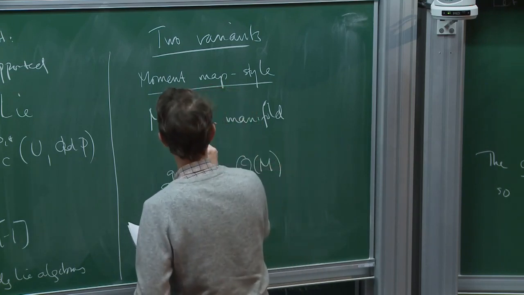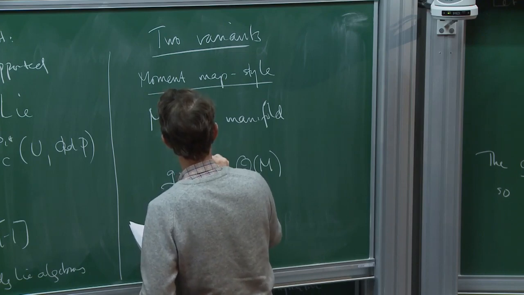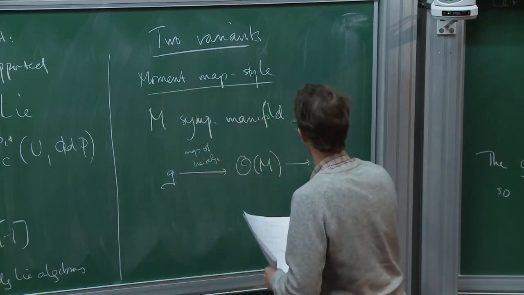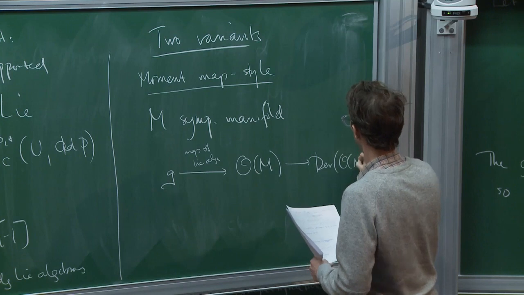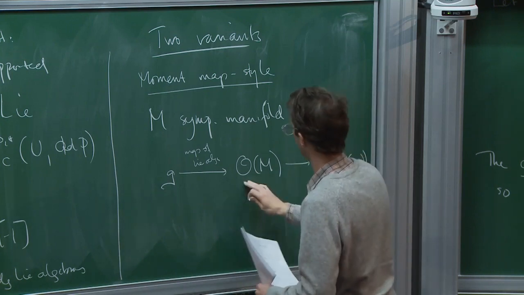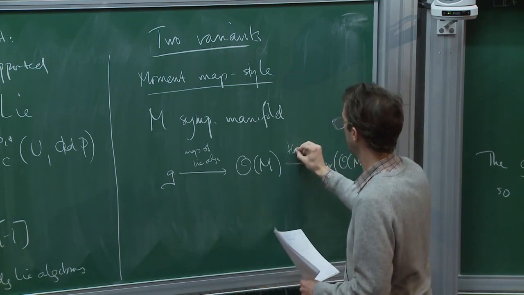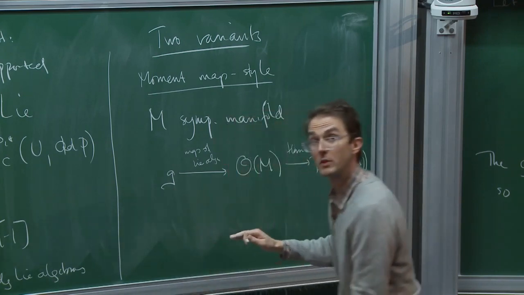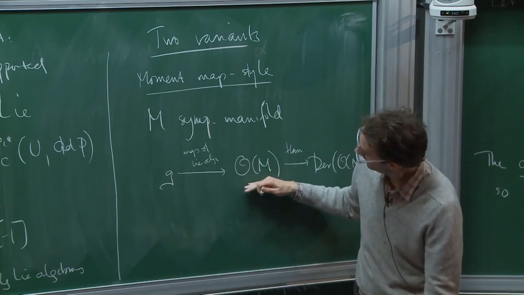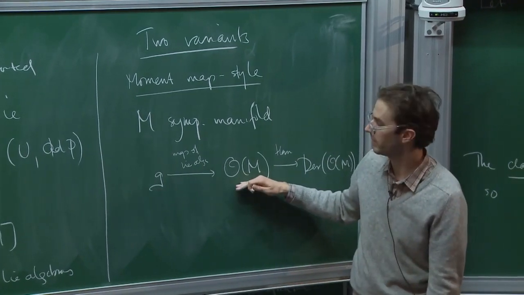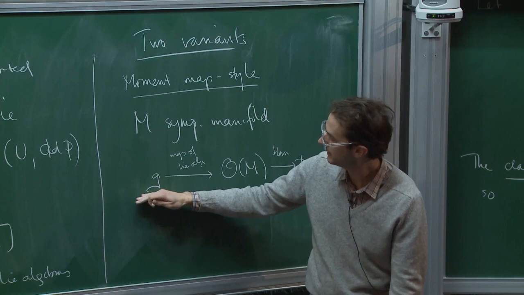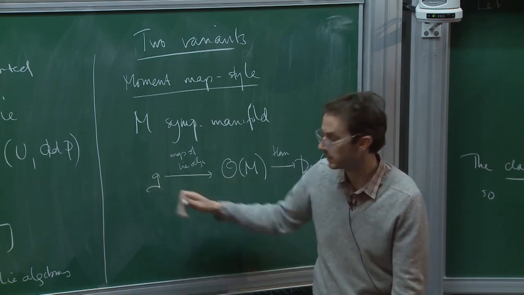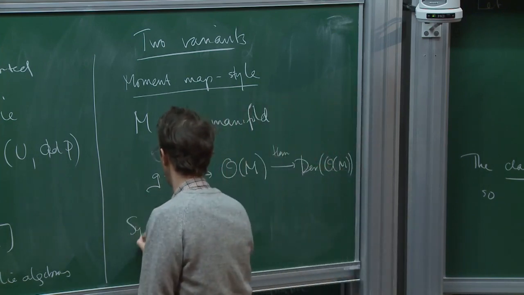So we have some map of Lie algebras. Of course, you can post-compose with derivations on O of M, and this is taking the Hamiltonian vector field. But this thing on the right is not just a Lie algebra, it's a Poisson algebra. And you could ask, can I extend this map to a map of Poisson algebras? And there's a very simple way to do that.